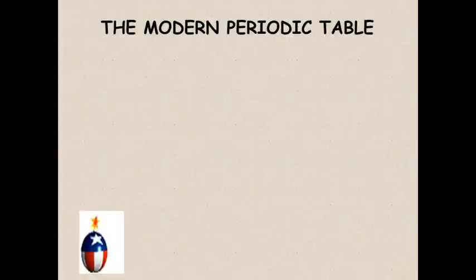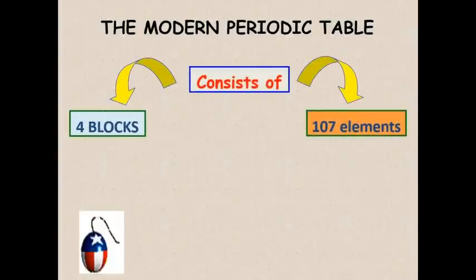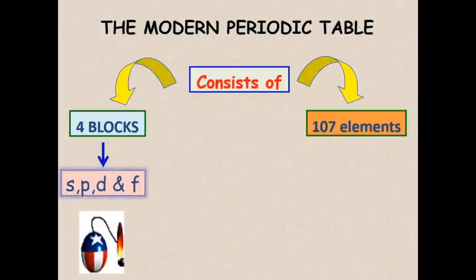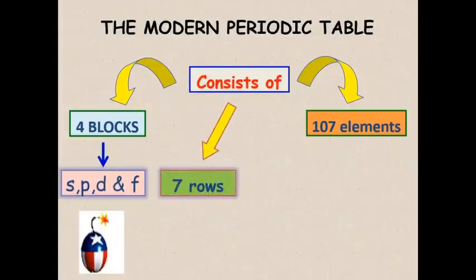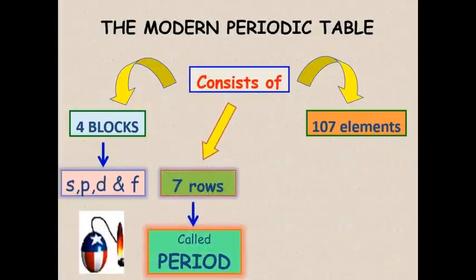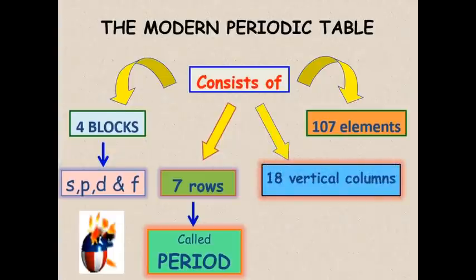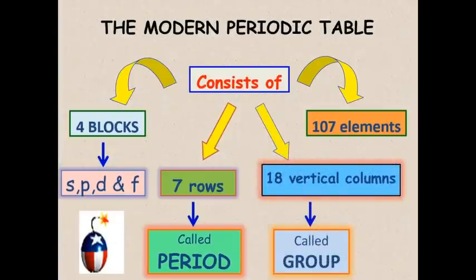The modern periodic table consists of 107 elements that are in 4 blocks: s, p, d, and f. There are 7 rows, called periods, and 18 vertical columns, called groups.